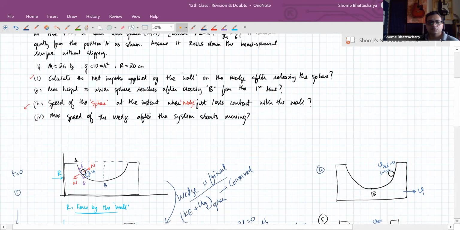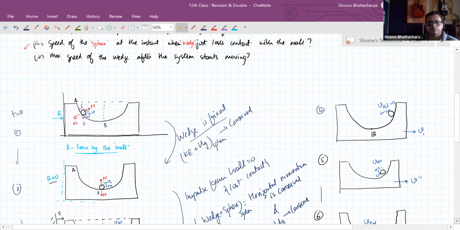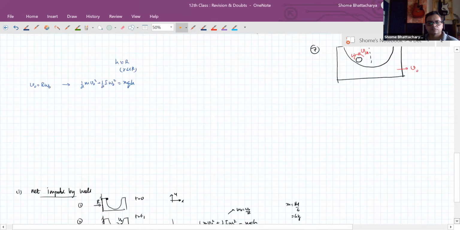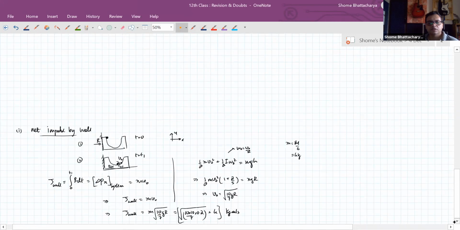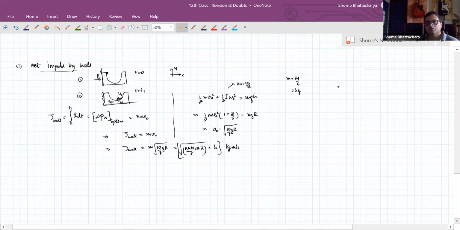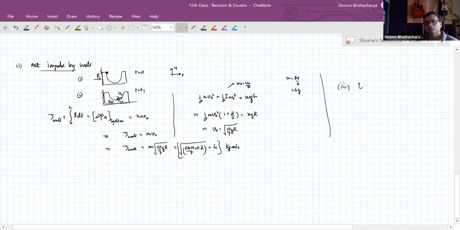Okay, now let's come to the second part. This also tells us that for the third part, v of the sphere is equal to this v naught only root 10 by 7 gr at the instant when the wedge is going to lose contact with the wall.